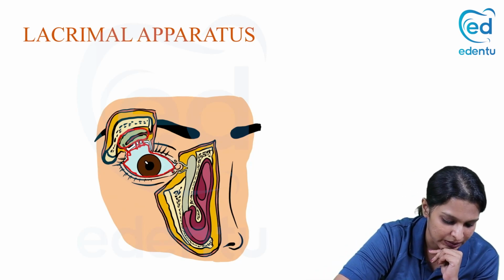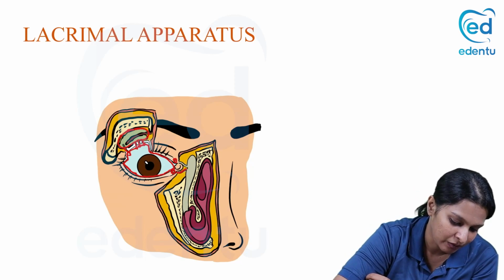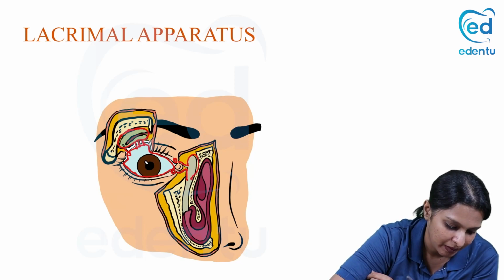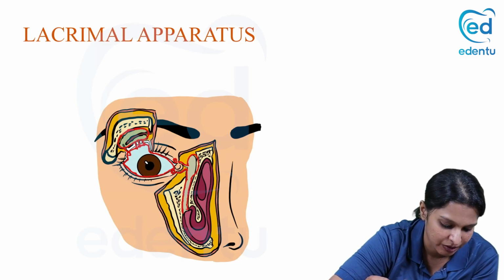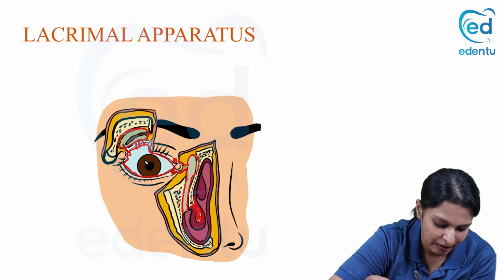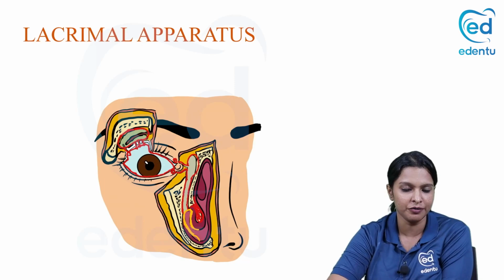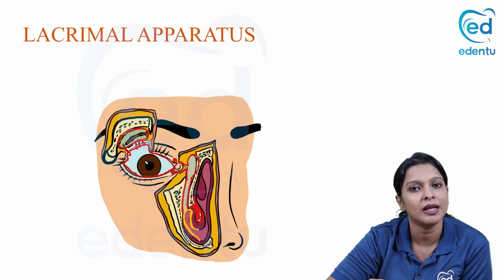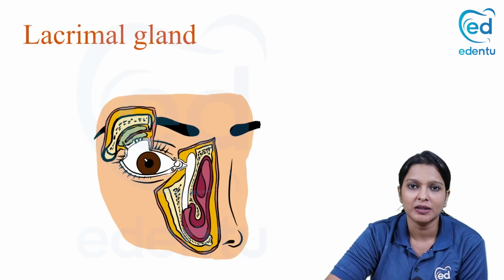From here, these are the two puncta. From the punctum, it will lead on to canaliculi, to the lacrimal sac, into the nasolacrimal duct. I told you about the shelf-like projections. This is the first shelf, the inferior turbinate. Below that, this space is called the inferior meatus. So this is the circulation of tears, which are produced in the lacrimal gland in the lateral aspect and drained into the nasal cavity.